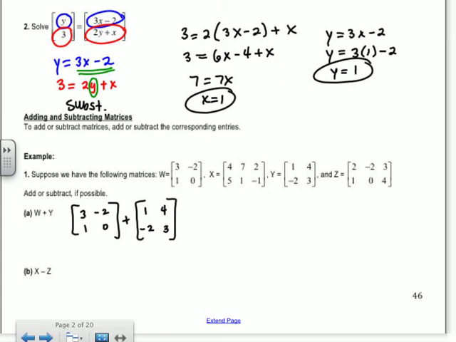Some people use parentheses. It's up to you, it doesn't really matter. So we add our corresponding entries. This is a 2 by 2 matrix, 2 rows, 2 columns, and this is a 2 by 2 matrix. That means we're allowed to add them because they have the same dimension. So we're going to end up with a 2 by 2 matrix.